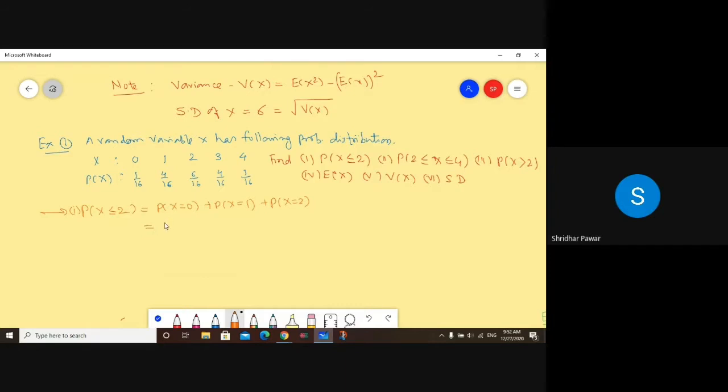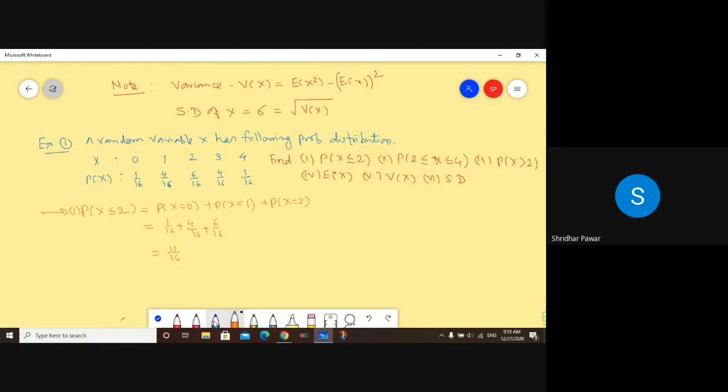So this is equal to, probability of x equal to 0 is 1 by 16, plus probability of x equal to 1, given here, 4 by 16, plus 6 by 16, and the answer is 11 by 16. You just add the numerators, the denominator is the same. So the probability of x less than or equal to 2 is 11 by 16.